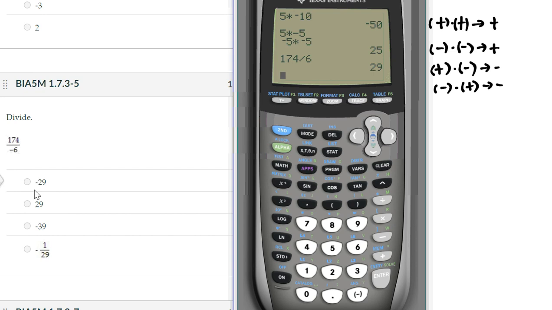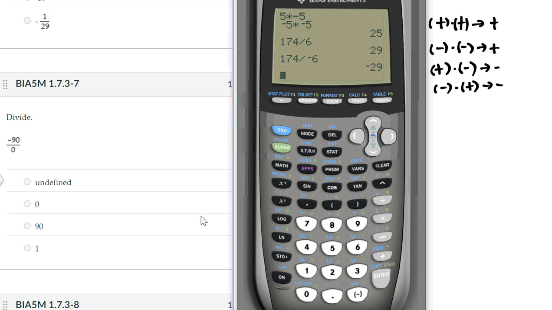So the answer here is negative 29. Or you may do 174 divided by negative here and then put 6. Negative 29. Again, this is subtraction. Do not put this sign over there. Okay.